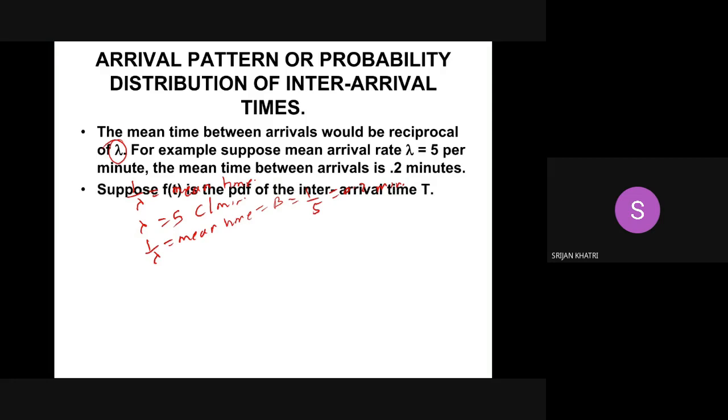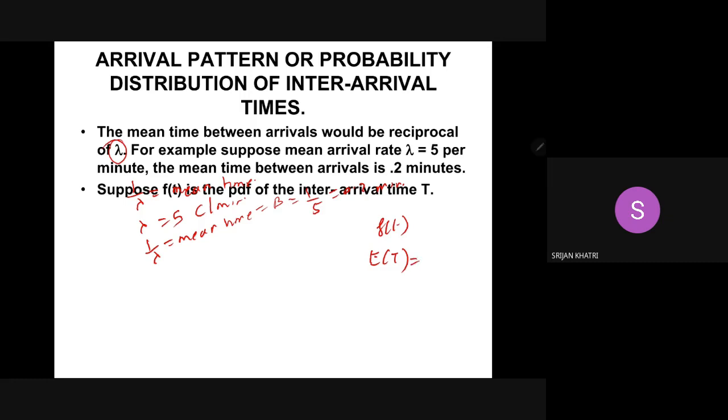Now, suppose f(t) is the PDF of the inter-arrival time. I have told you, if the inter-arrival time is a random variable, then it is characterized by the PDF f(t). So if f(t) is the PDF, what is its expectation? If I want to find the expectation of the inter-arrival time, E[T], what is the basic formula?